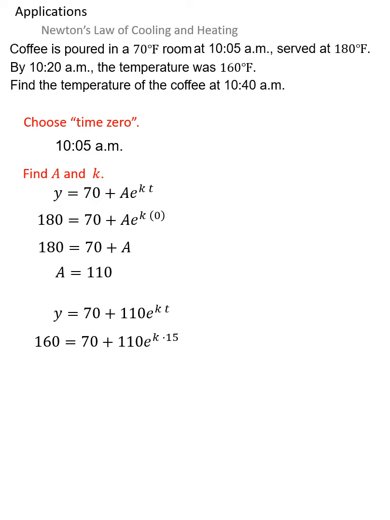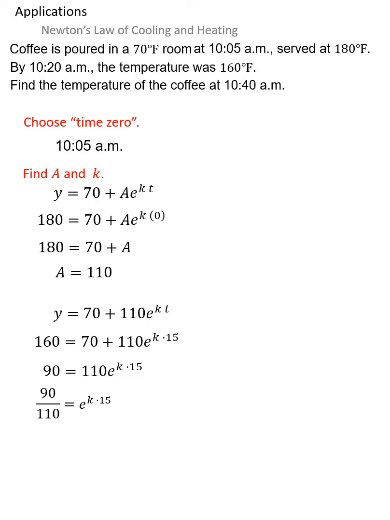And to do that, I need to isolate the exponential function, meaning the e to the 15k. So to isolate that, I'm going to subtract 70 from both sides. I did not show the actual work here, but I did subtract 70 from both sides. And then the next and final step in isolating the exponential function is dividing by 110.